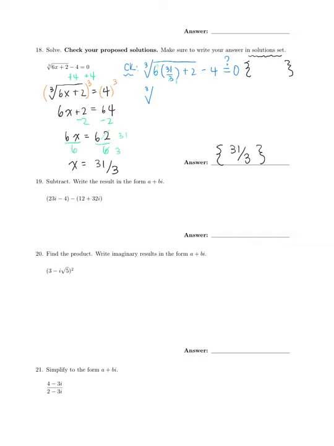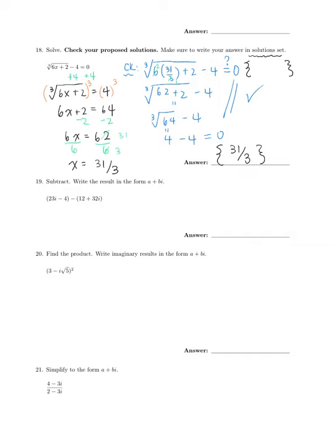So you've got 2 times 31, so what is that, 62, and then plus 2, and then minus 4. So then here you're going to have cube root of 64 minus 4. And the cube root of 64 is 4, minus 4, which equals 0, which matches up. Okay, so our answer is correct.